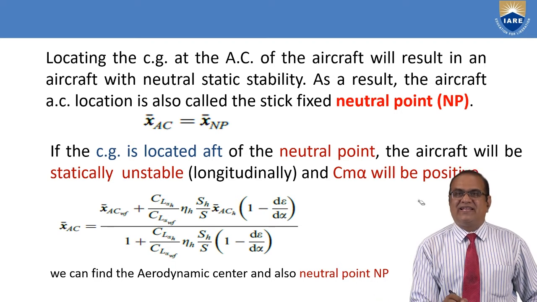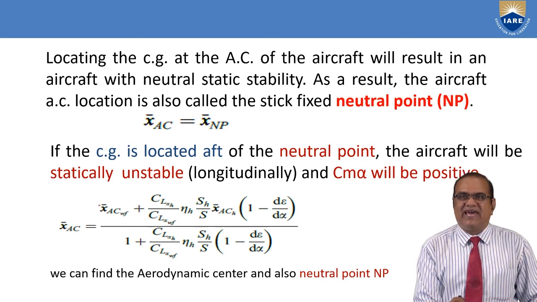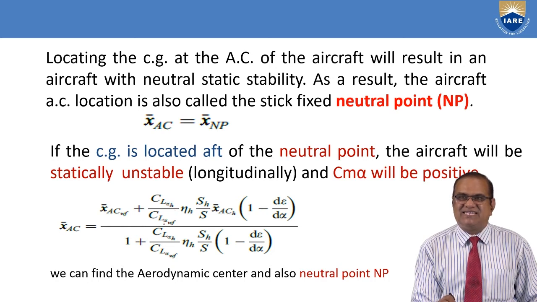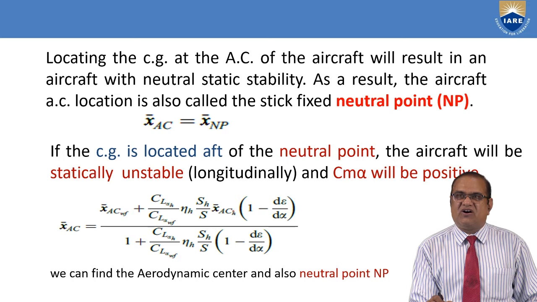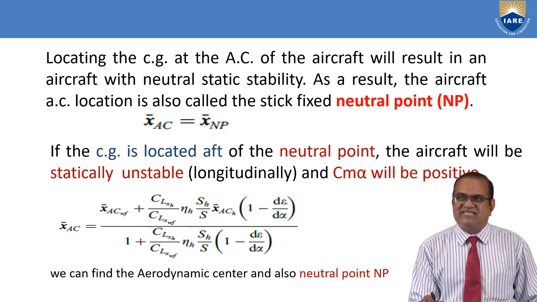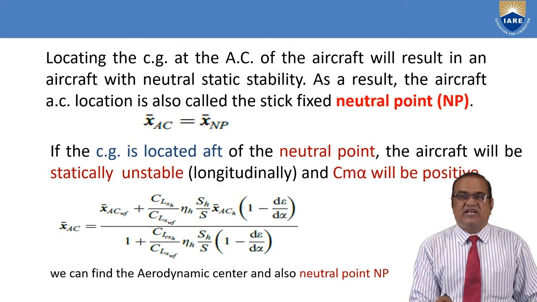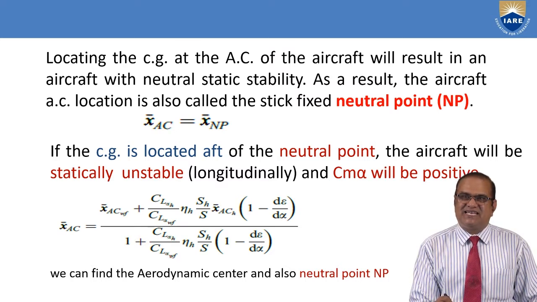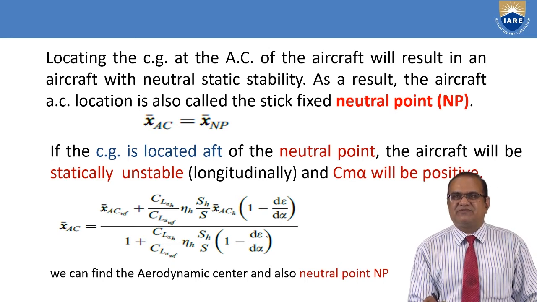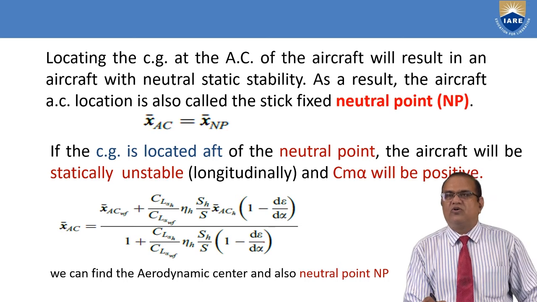As just shown, x bar AC equals x bar AC of wing fuselage plus CL alpha of horizontal tail divided by CL alpha of wing fuselage, times eta H, where eta H is the dynamic efficiency, SH is the area of the horizontal tail, S is the area of the wing, x bar ACH is the distance of the aerodynamic center of the horizontal tail, times (1 minus d epsilon by d alpha), where epsilon is the downwash angle and alpha is the angle of attack, divided by 1 plus CL alpha H by CL alpha W, eta H SH by S, times (1 minus d epsilon by d alpha). We have to get these equations.